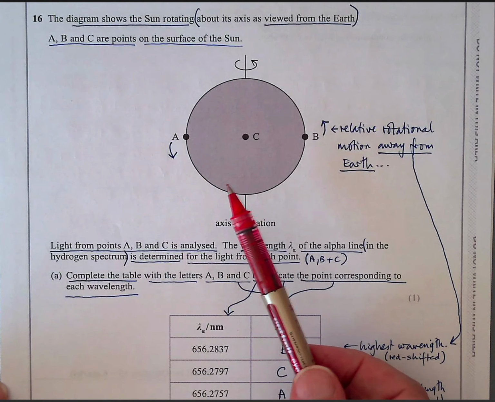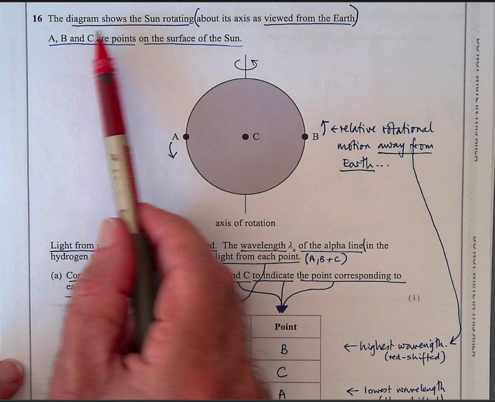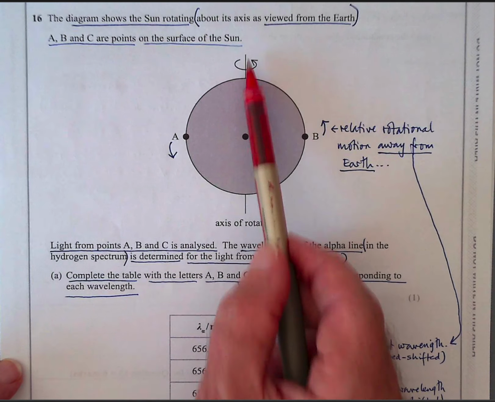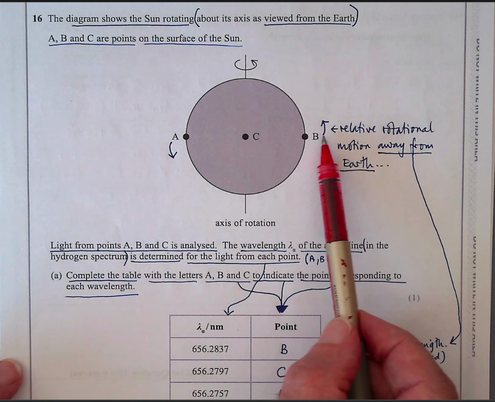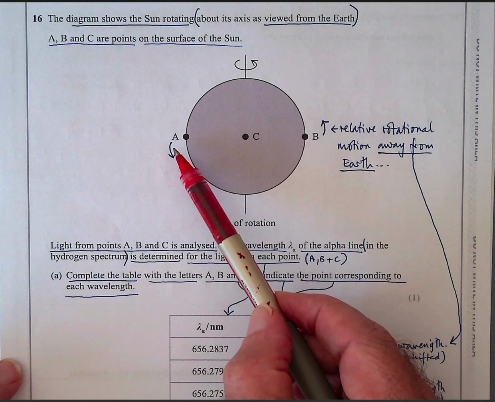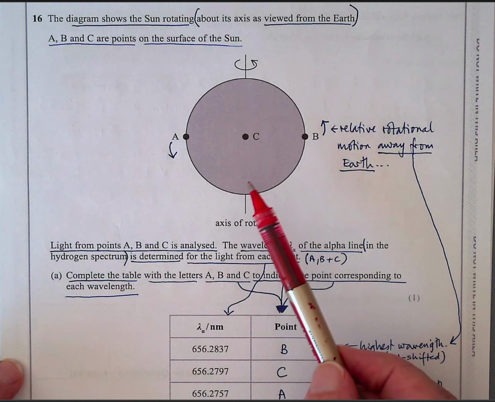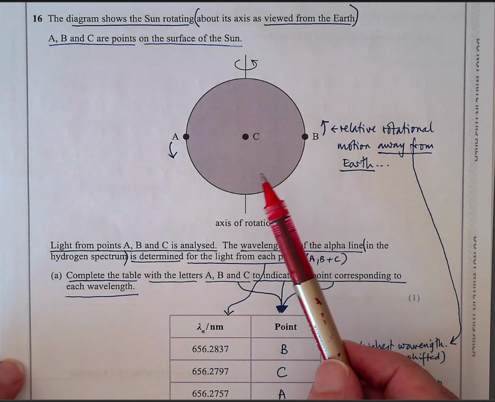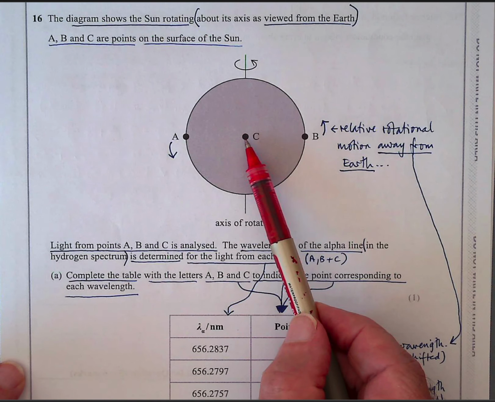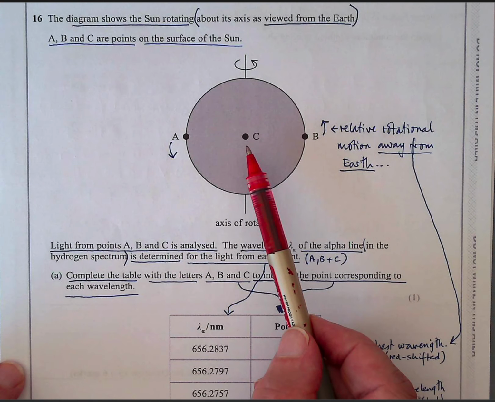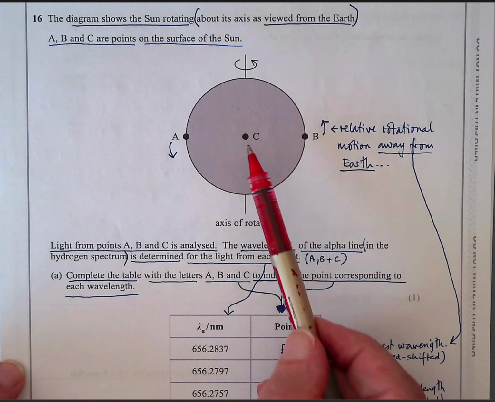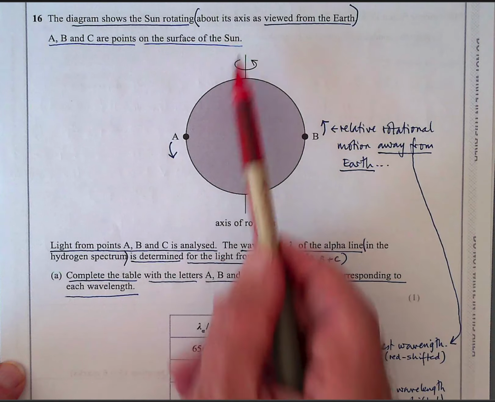Most things in space rotate about their axis. The axis is here, so this side is moving that way, and side A is moving that way. Of course, the center of the sun is on the axis of rotation. We're looking at it from the perspective of the Earth. A, B, and C are points on the surface of the sun.